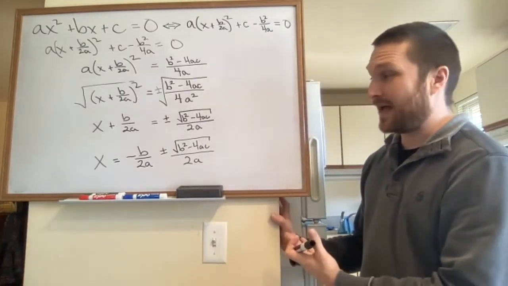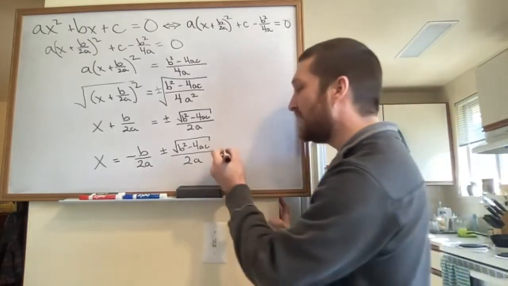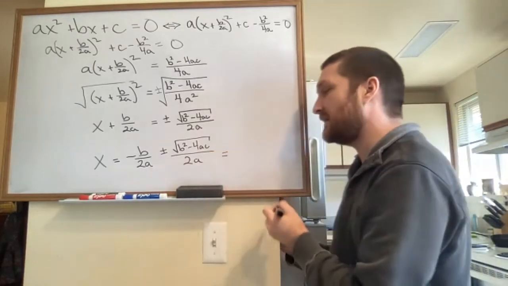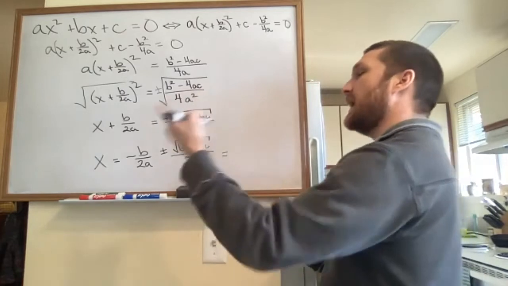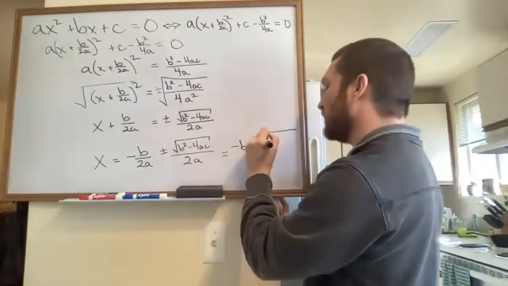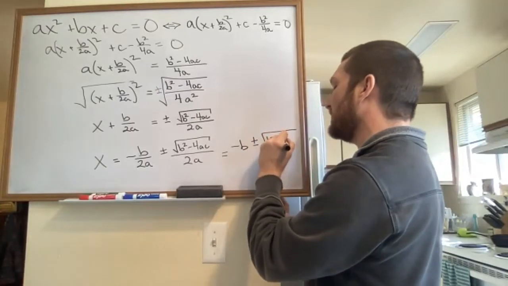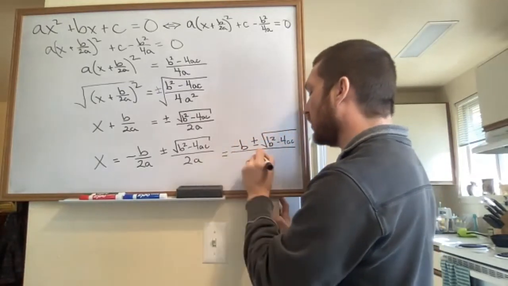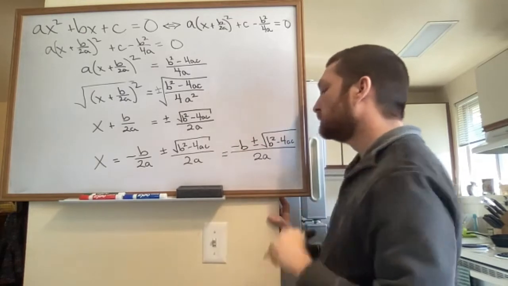And hey, look at that, we have a common denominator. And so I could rewrite this entire thing as x equals negative b plus or minus the square root of b squared minus 4ac all over 2a.